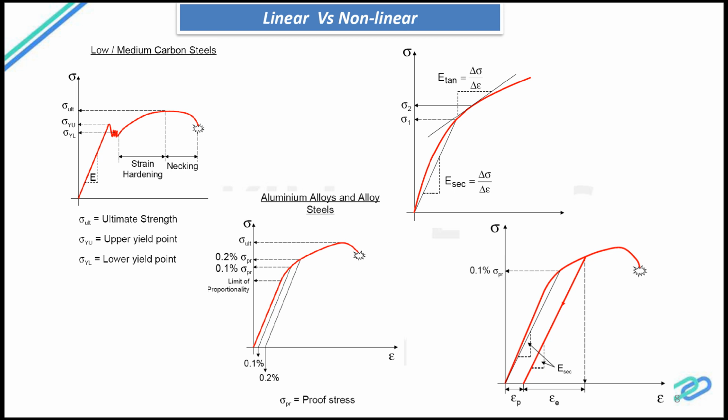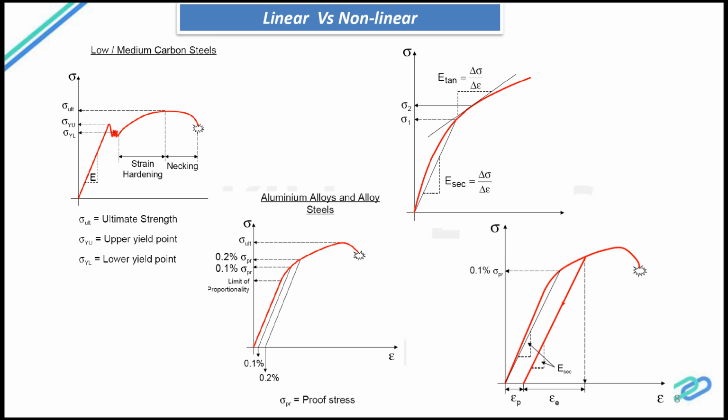So the 0.2 percentage proof stress would be the permanent set, that would be the permanent deformation. And then finally it continues where the elongation, strain hardening, and it reaches the ultimate stress, and then finally necking. So this is a typical behavior of the aluminum alloy and aluminum alloy steels.